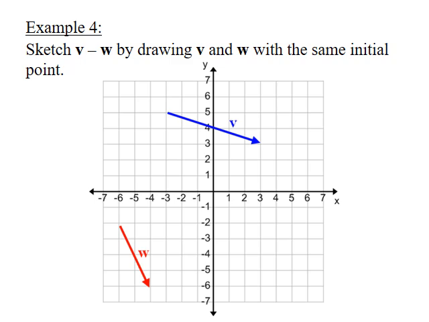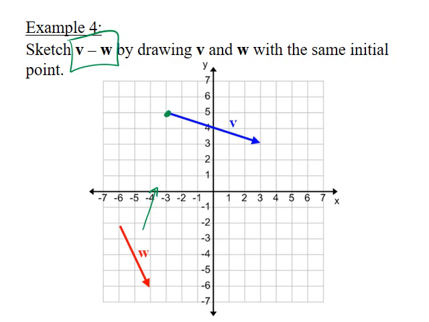Okay, so now we want to sketch V minus W. And we are going to do this by drawing V and W with the same initial point. So what I'm going to do is take vector W and move it up here so that it shares the same initial point with V. So same thing as before.